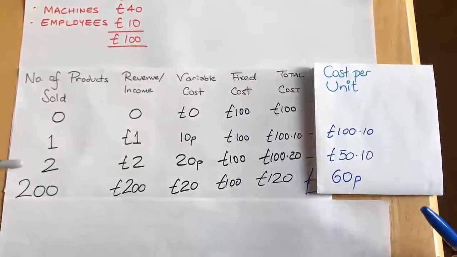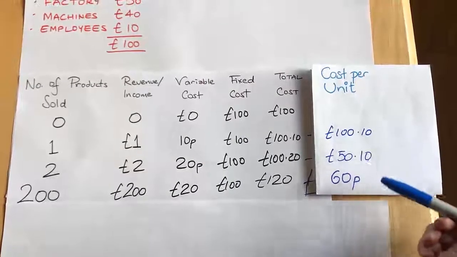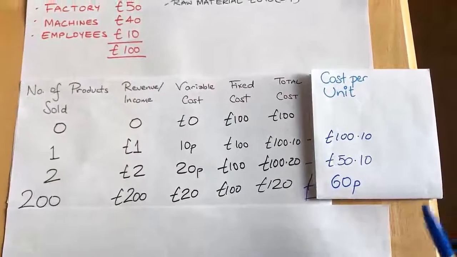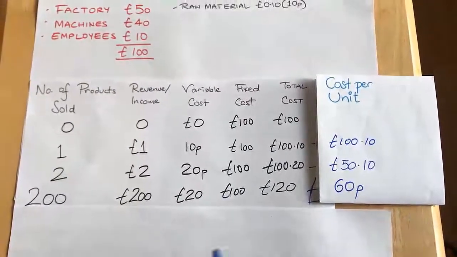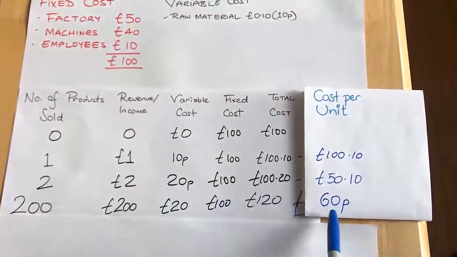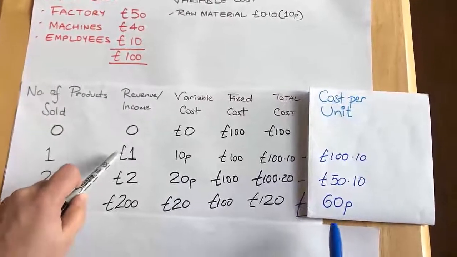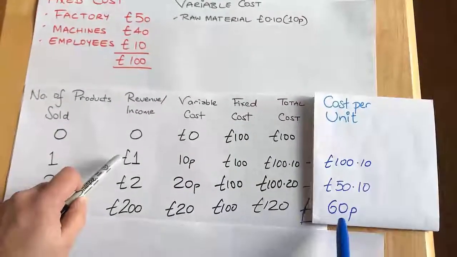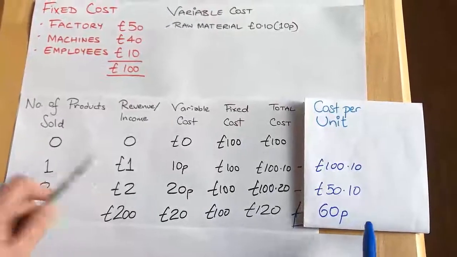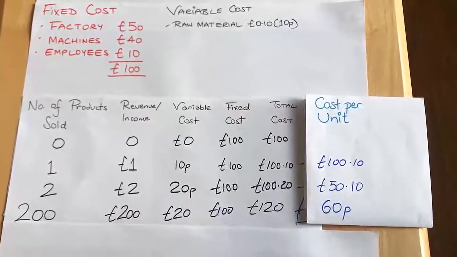As we make more and more products, the cost of making each product comes down. And now look, we'll finally make a profit, right? Because we sell 1 unit for £1 and it's costing us 60p to make. So the 40 pence would now be our profit per product.